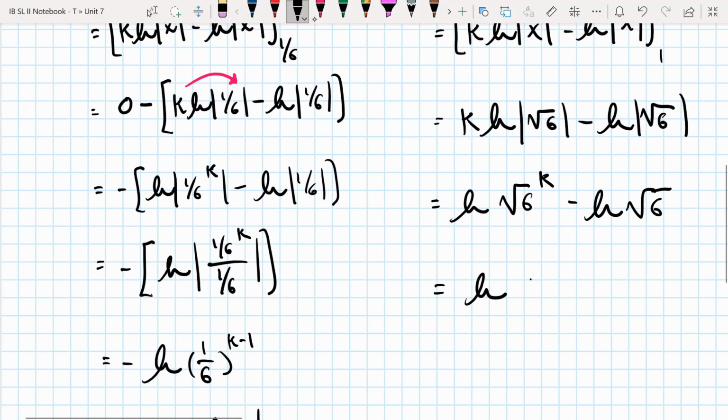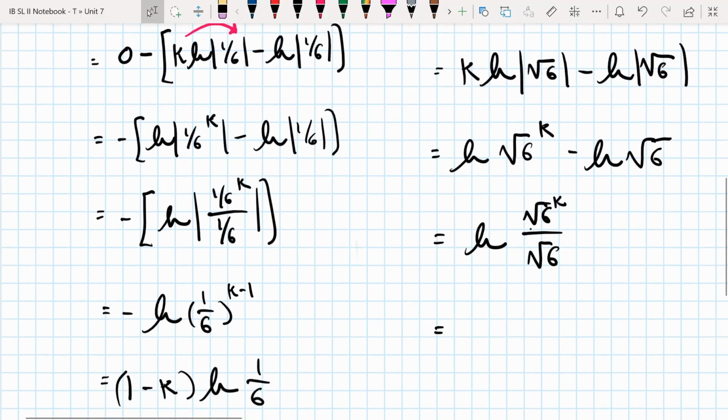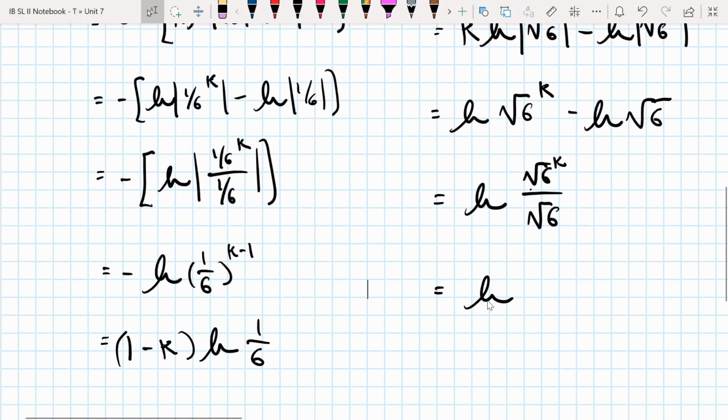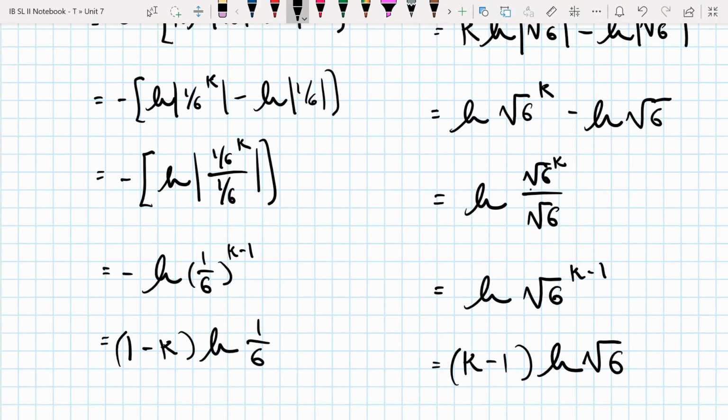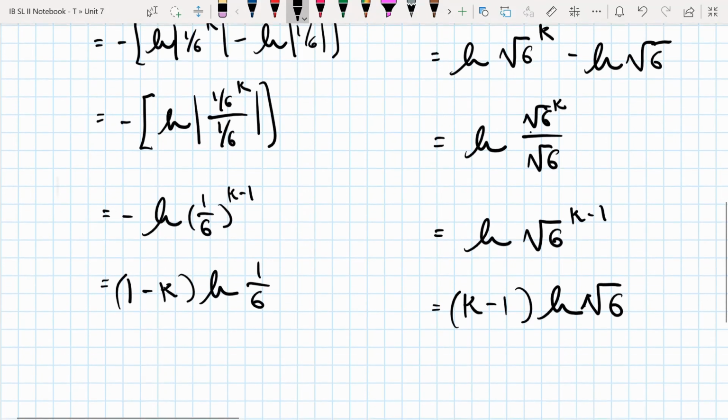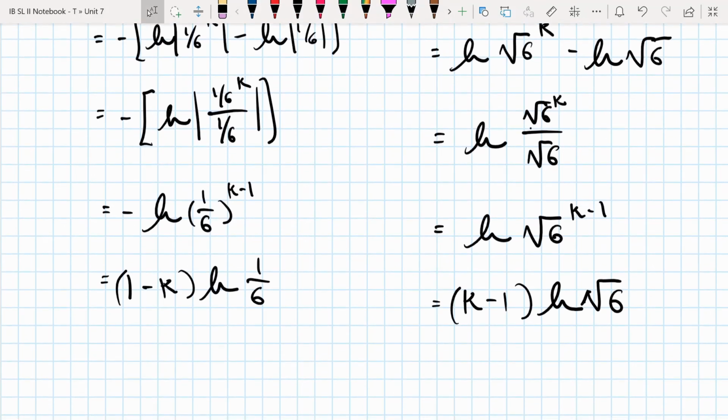This becomes the natural log of the square root of 6 to the k over the square root of 6, which is the natural log of the square root of 6, k minus 1, and then lastly the k minus 1 can factor out to the outside using that property of logarithms. Okay? And the reason why we want to write it like this is because it's going to help with the last question, which wants us to find the ratio of a to b.